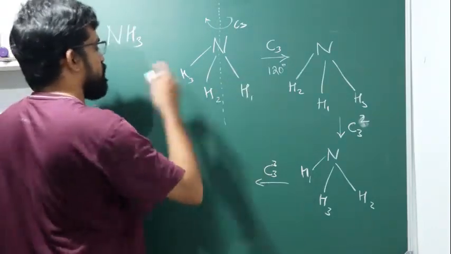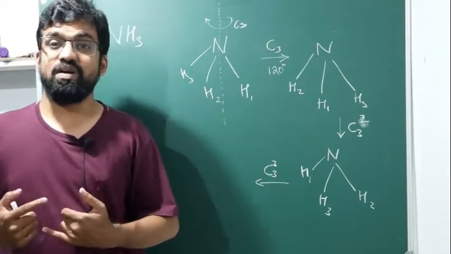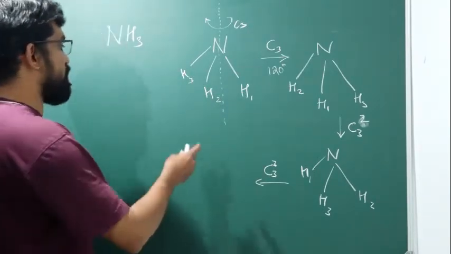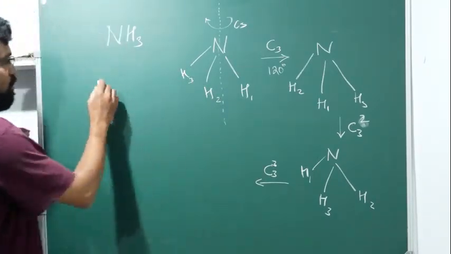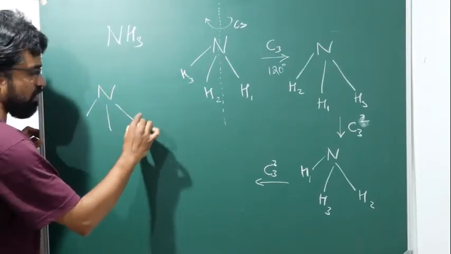How many sigma v's are there? Three sigma v's are there. So you have to draw in your notebook all the sigma v's.